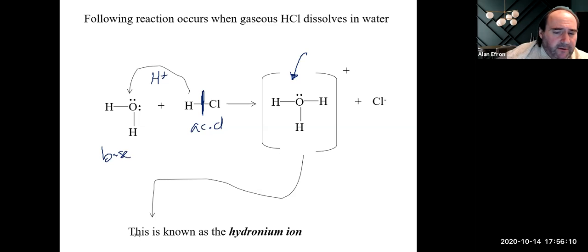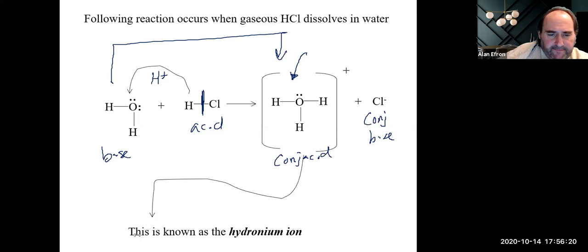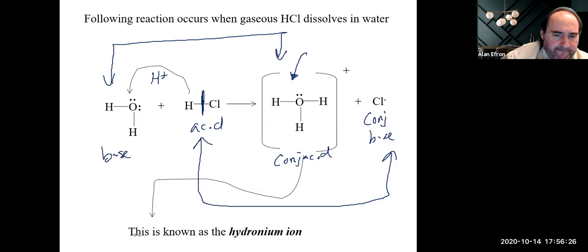Our partners on the other side are the conjugate base and the conjugate acid in this particular case. These two guys are related, and these two guys are related by that 1 H plus difference. Any questions on that there?